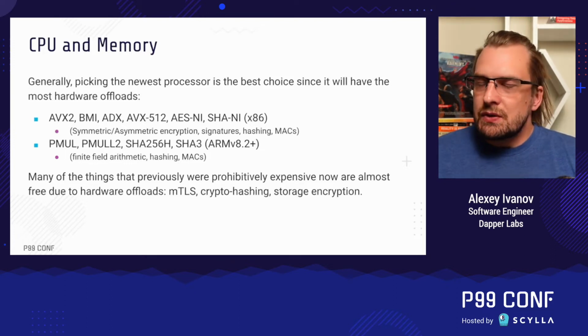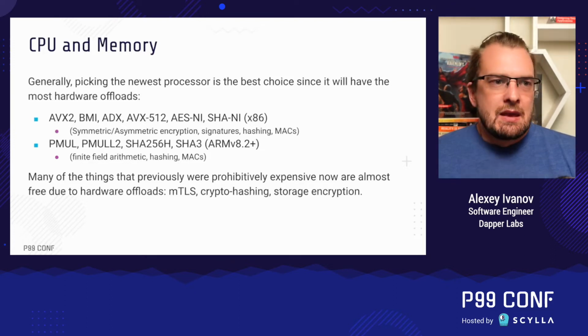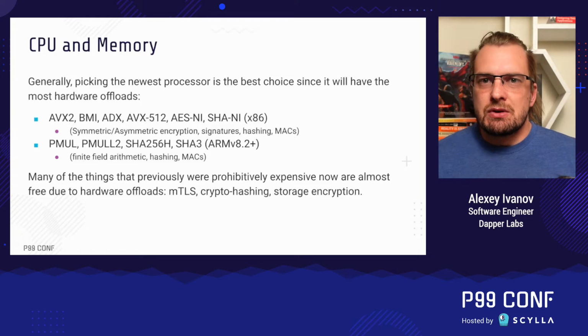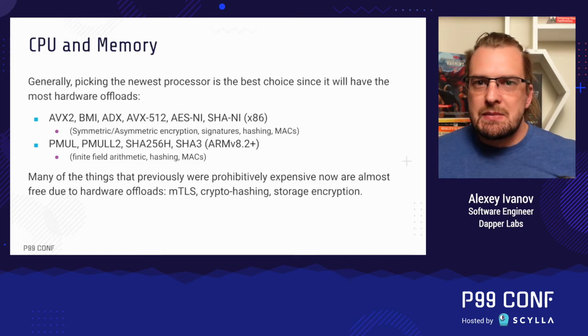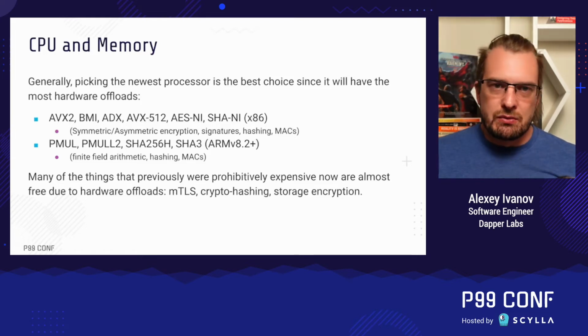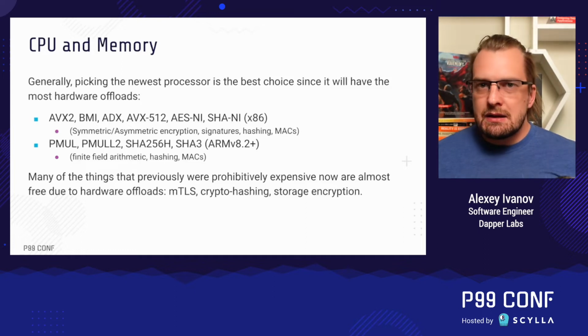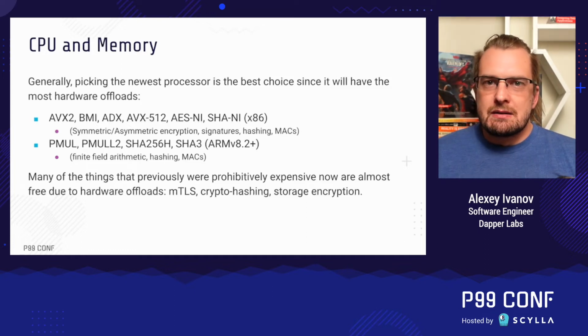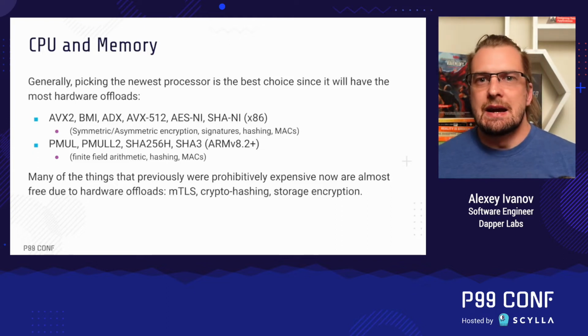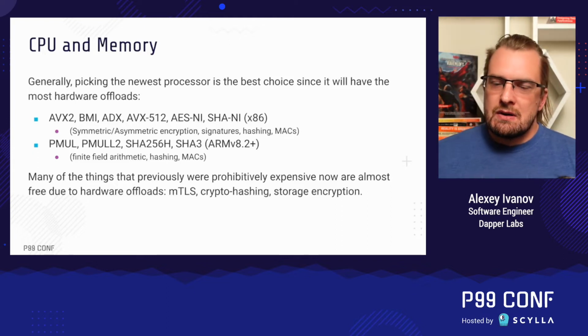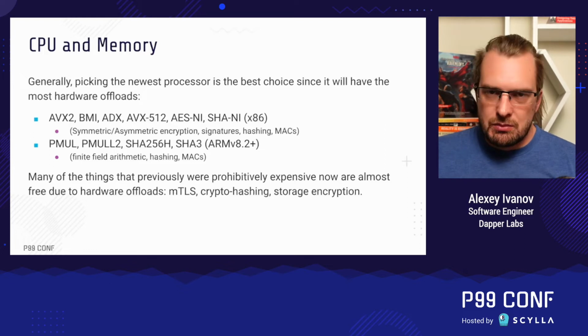It's not free yet, but it's getting there. Or hashing. People still used insecure SHA-1 and MD5 hashes for performance purposes. Again, these can be switched to SHA with the new SHA-NI instruction set. So focus on the newest possible CPUs.